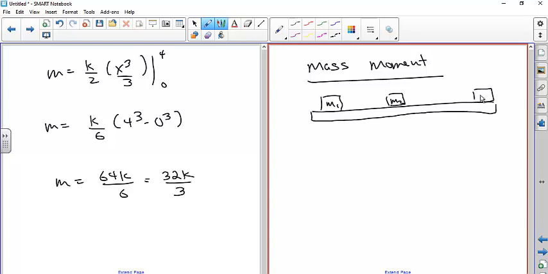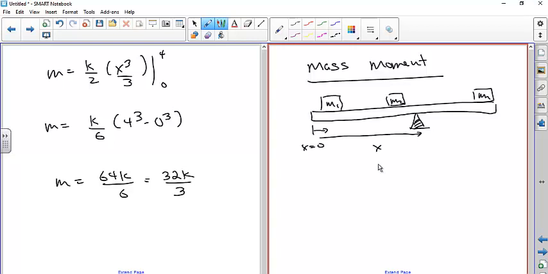And the center of mass is going to be where I put a fulcrum, and the sum of the moments equals 0, so that this thing is in equilibrium, that it doesn't go this way or that way. So the question is, what is x. So let's define x equals 0 here. And then this is actually x, the distance to here.